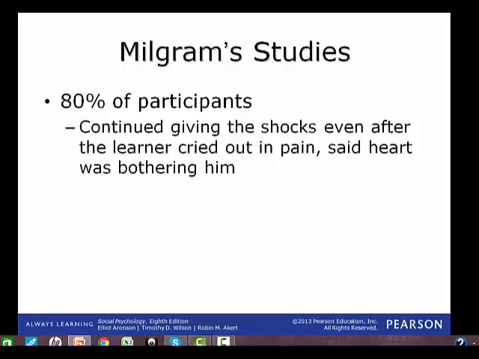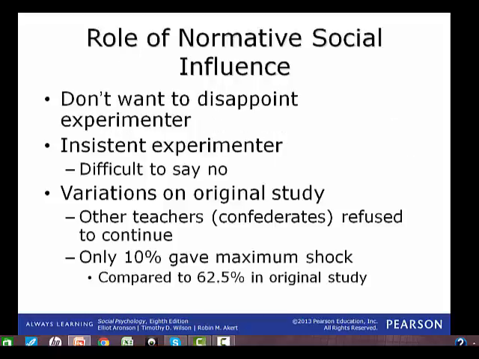How could this happen? How could so many people hurt people? And what does this tell us about human nature? I'll leave that for the activity this week. Why would someone do this? Well, it's normative social influence, right? They felt like they were going along with something, even if they disagreed with it, because they wanted to fit in with the experimenter. They didn't want to disappoint the experimenter.